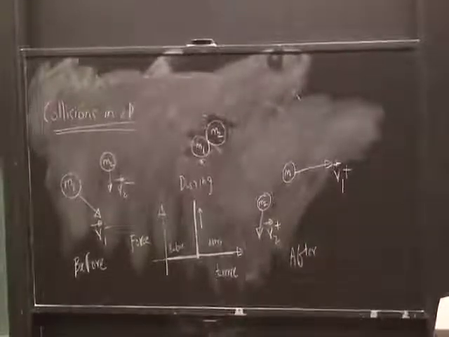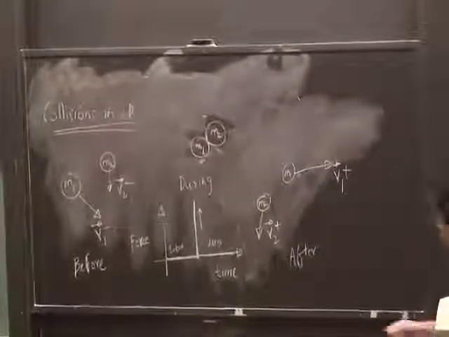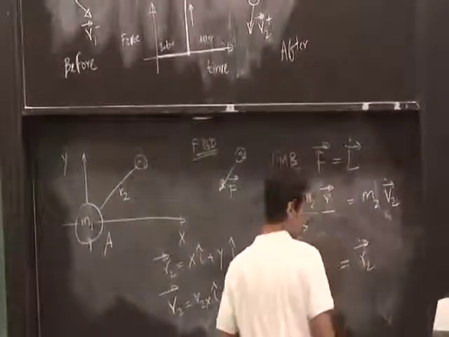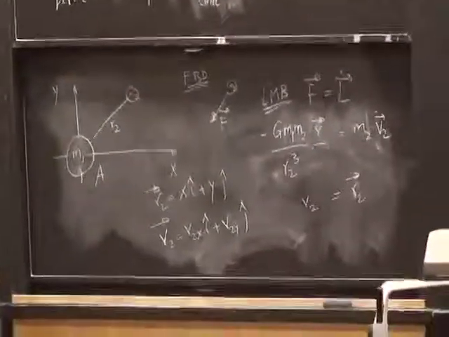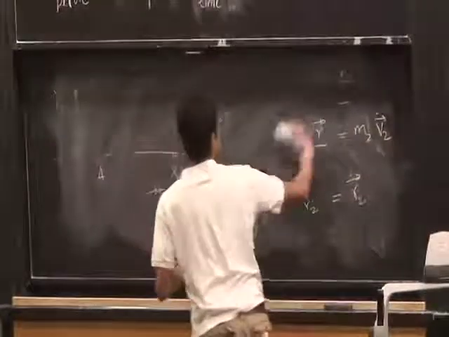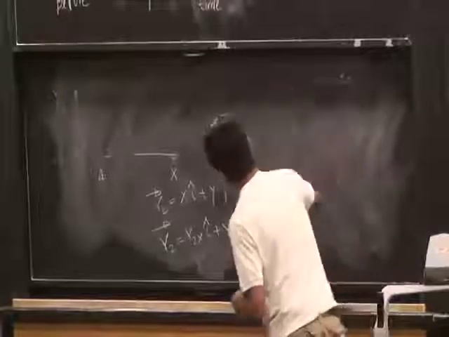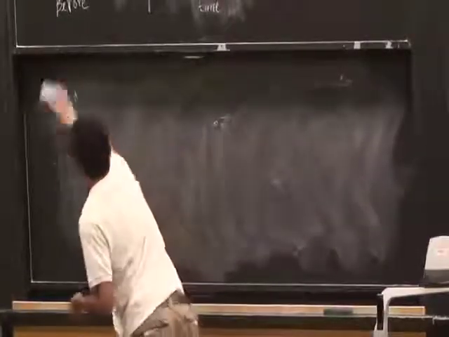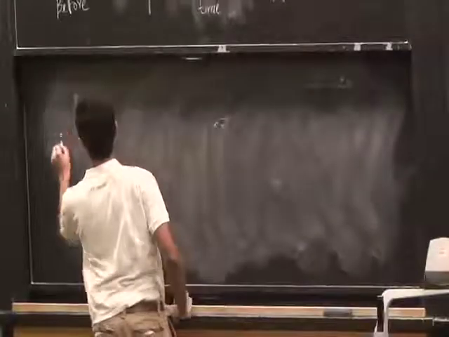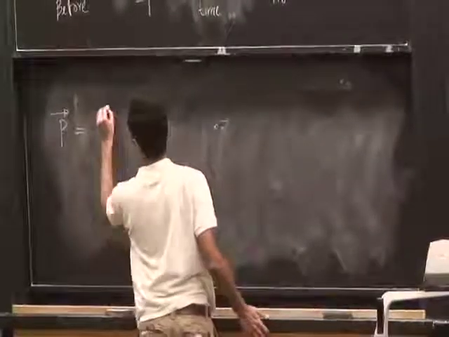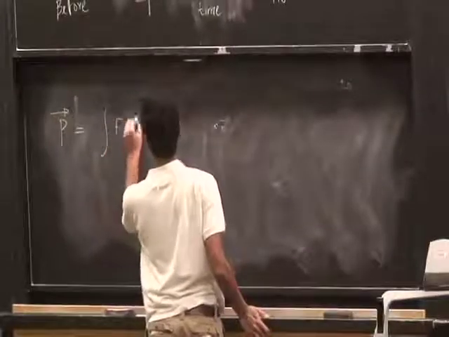So the quantity which we'll use to quantify collisions is to understand collisions as impulse. So impulse is defined as the first integral of force. So let P denote the impulse, and the impulse is given by the integral f dt.